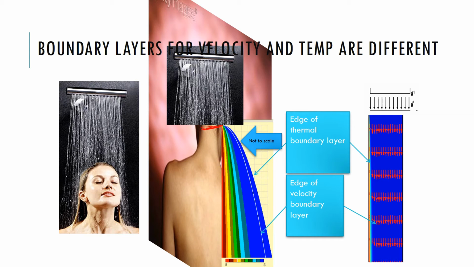And so bringing this example, if we think of our back as a surface over which the flow happens, then here, for example, is our ideal surface, and let's say it's a heated surface. So heated surface over which colder fluid is flowing.